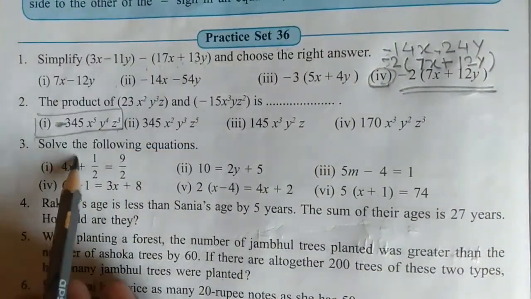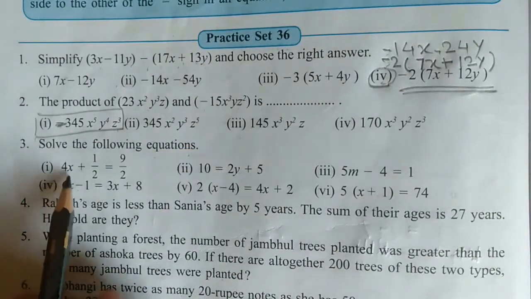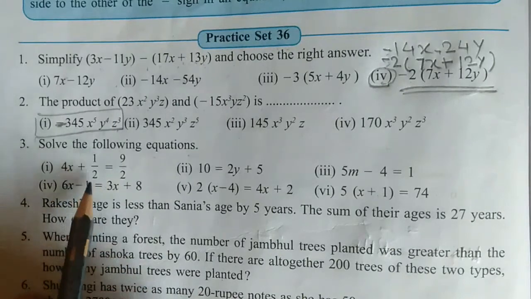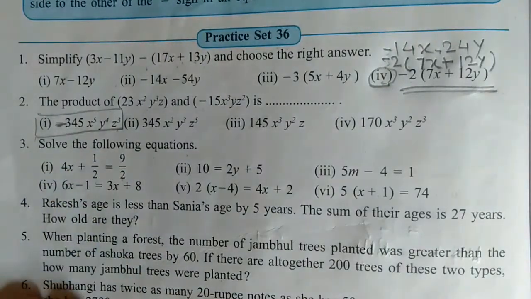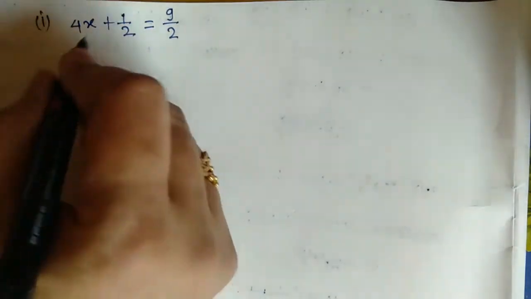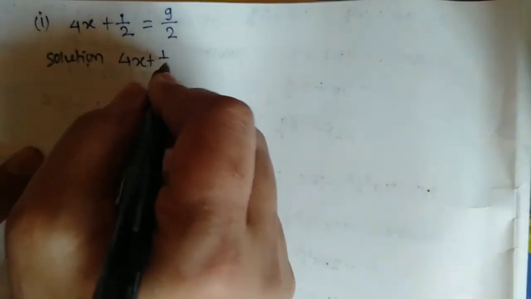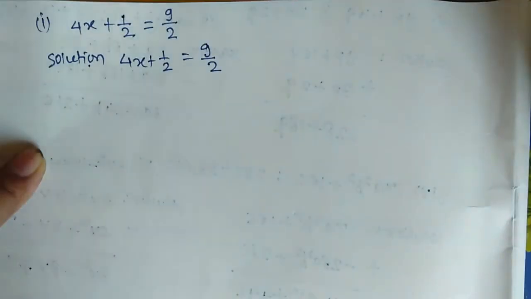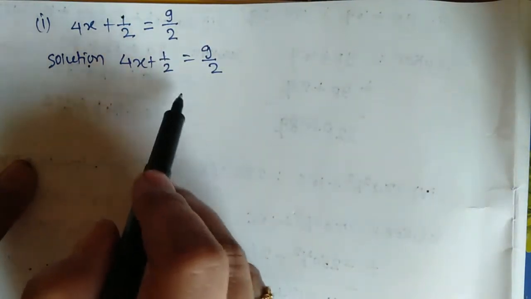See the third. Solve the following equations. In that the first is 4x plus 1 upon 2 is equal to 9 upon 2. So see the solution. Four x plus 1 by 2 is equal to 9 by 2. So to get the value of x, firstly we remove the 1 by 2.